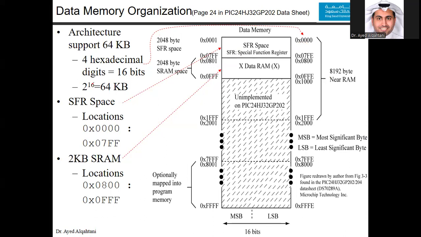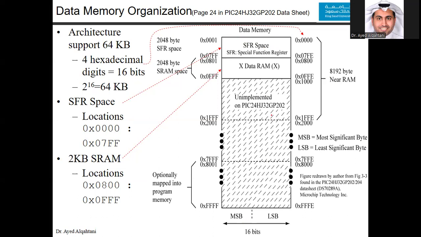So 2 to the power of 16 is equal to 64 kilobytes. In this figure, we have the width of the memory represented in 16 bits. Now we know that the memory is organized byte-wise. So this is the first byte, it will be here. The second byte will be next to it, and the third will be here, the fourth will be here, and so on.